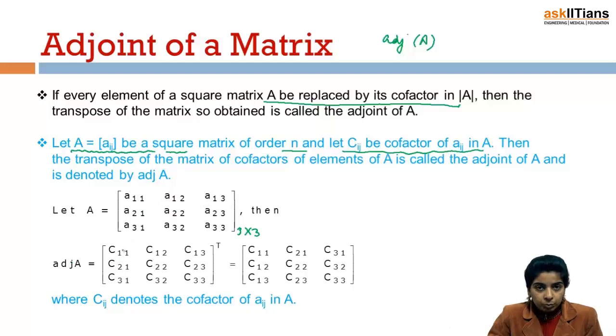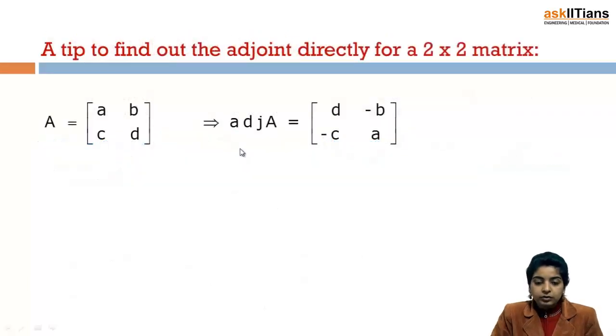First of all, we'll have to compute the cofactors of each and every element of that matrix. So C11, C12, C13, and so on are the cofactors of A11, A12, A13 and so on. Then the transpose of that matrix, which is this, is called the adjoint of A. Here Cij denotes the cofactor of Aij in A. Okay, so this is how you are going to compute the adjoint of A.